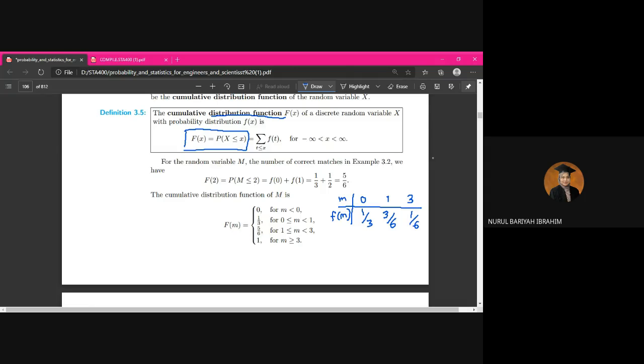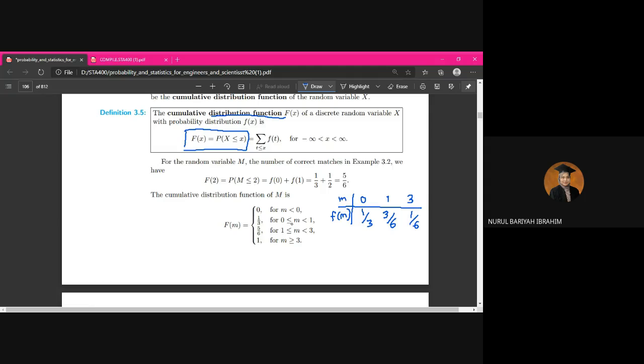So m less than 0, dia punya value probability is 0. Okay, and then from 0 to 1, m more than or equal to 0 but less than 1. Less than 1 maksudnya 1 tak termasuk. So it will be just this value only, 1/3 sahaja. Sebab tu kat sini 1/3.